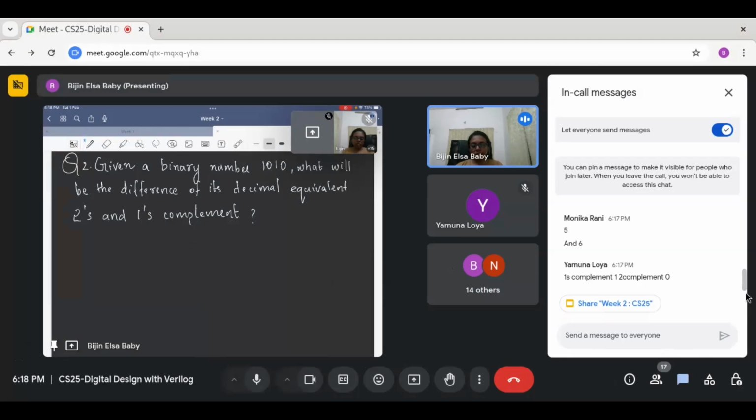In the question, you need to find out the difference of its decimal equivalent, 2's and 1's complement. So first of all, you have to find the 2's complement of this binary representation, then the 1's complement of this. Then you need to find the difference of its decimal equivalent.